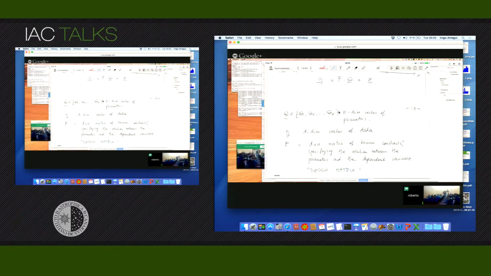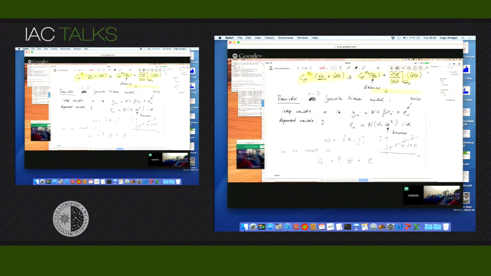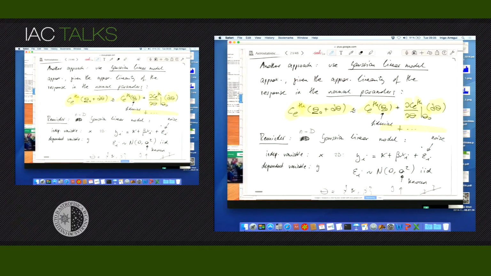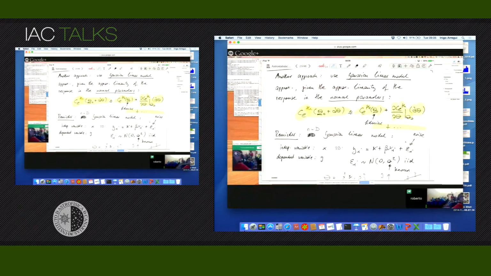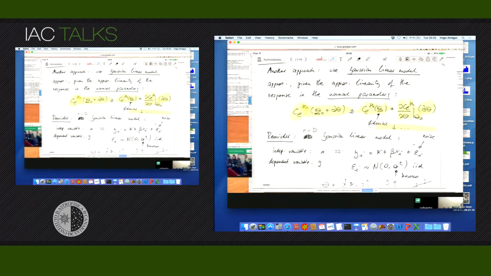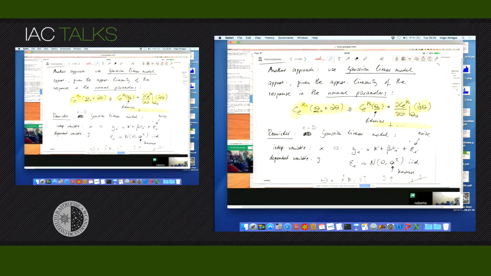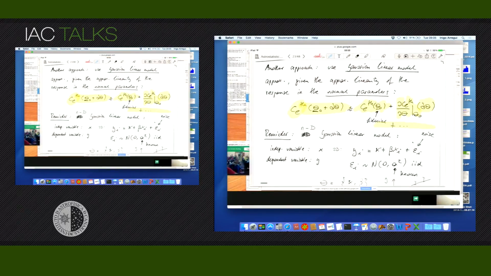Good. Now I want to move on to do a little bit more statistics. You remember that the upshot of what we said yesterday about the CMB is that if you use a clever parameterization, that's to say normal parameters, as I discussed, then you can approximate the parameter dependency of the temperature power spectrum almost as a linear function of the parameters.